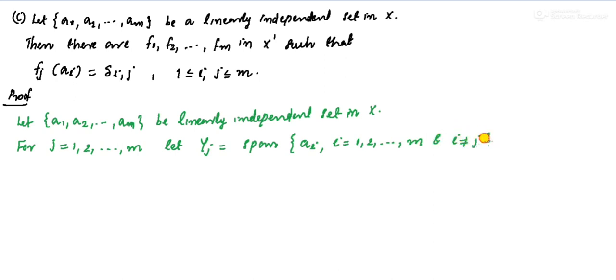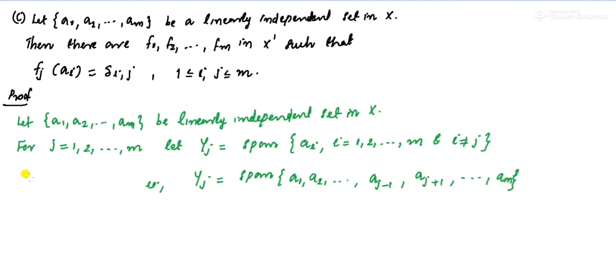That is, Yj is actually the span of a1, a2, etc., aj minus 1, then aj plus 1, etc., am. Okay, then clearly Yj is finite dimensional.